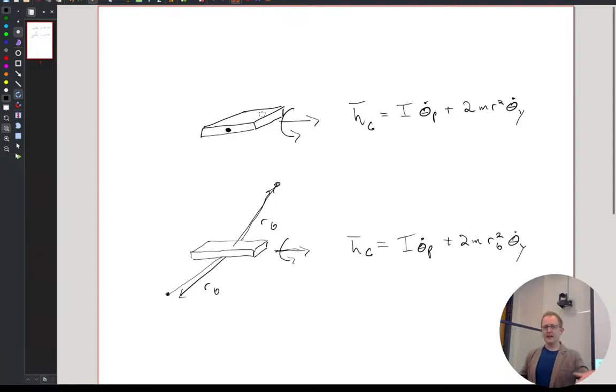So we have a lot more. And because angular momentum is a vector, it can have positive and negative directions.